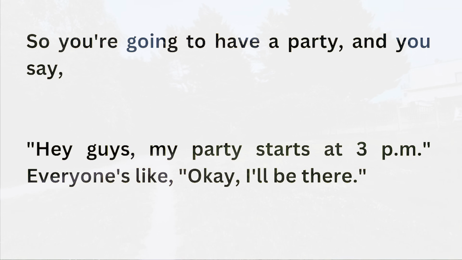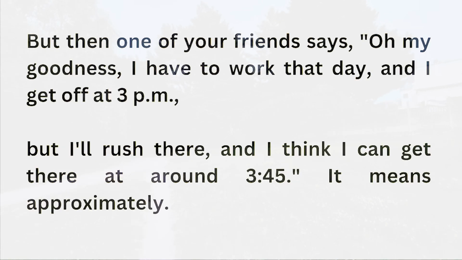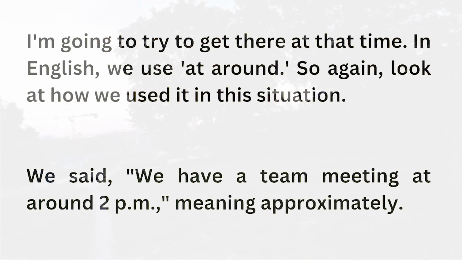Everyone's like, "Okay, I'll be there." But then one of your friends says, "Oh my goodness, I have to work that day, and I get off at 3 p.m., but I'll rush there, and I think I can get there at around 3:45." It means approximately. I'm going to try to get there at that time.